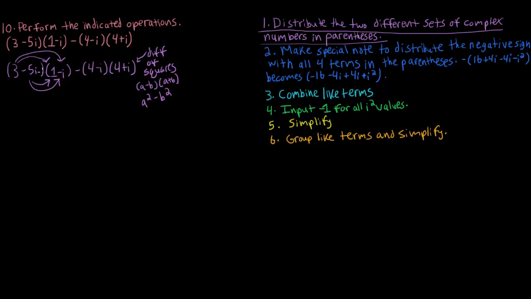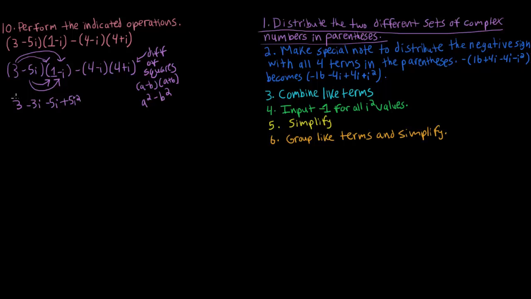Okay, so let's start with distributing the 3. 3 times 1 is 3. 3 times negative i is negative 3i. Negative 5i times 1 is negative 5i. And then negative 5i times negative i is positive 5i squared.